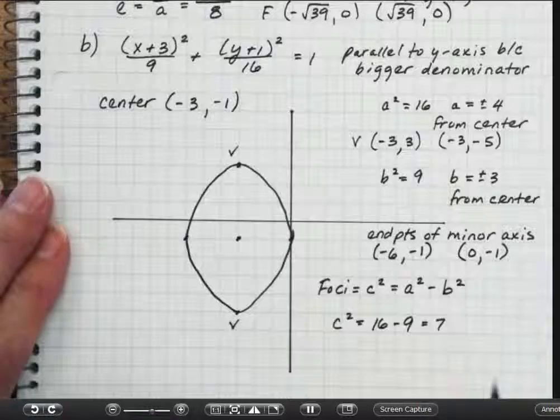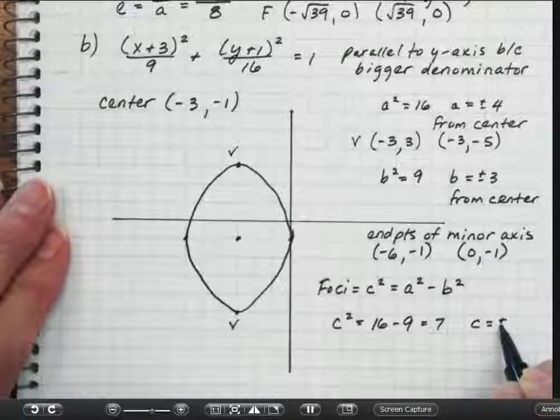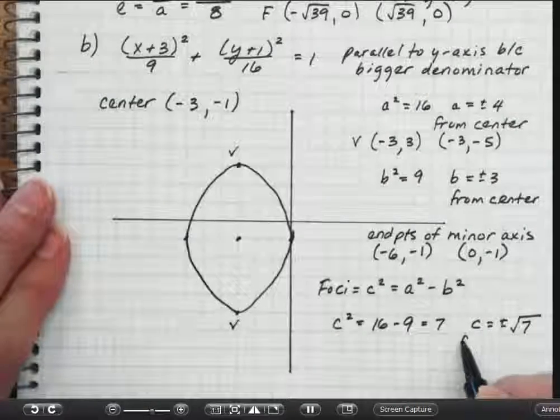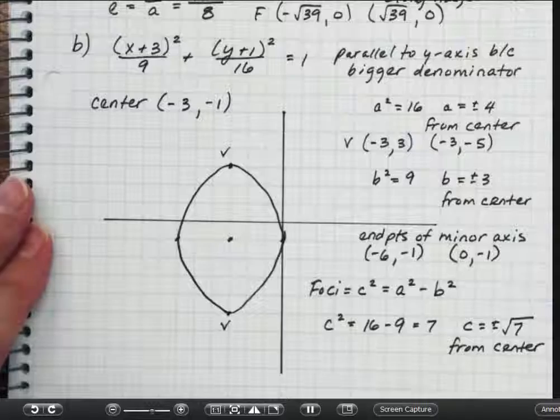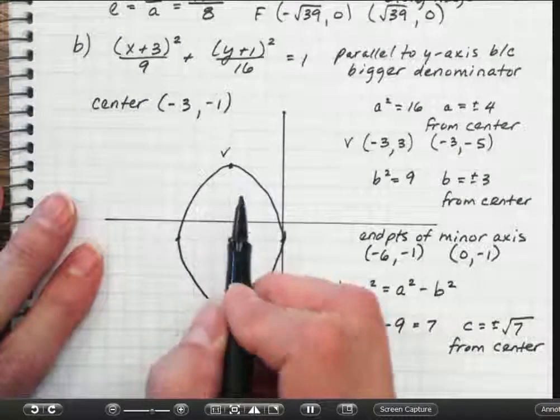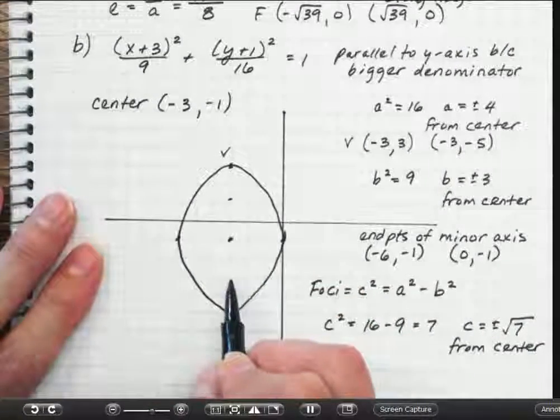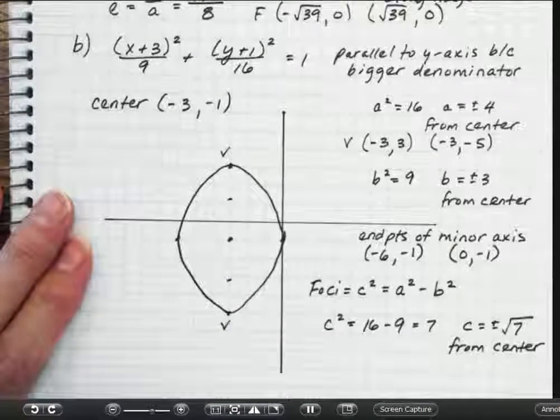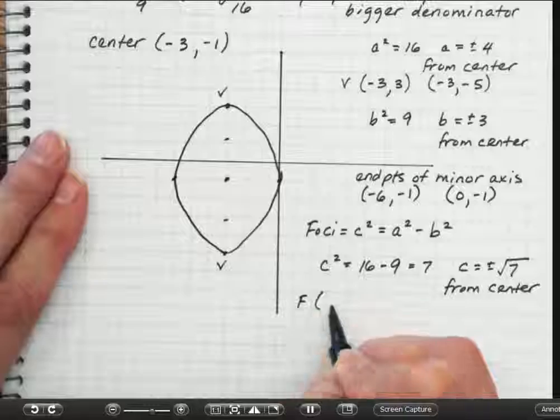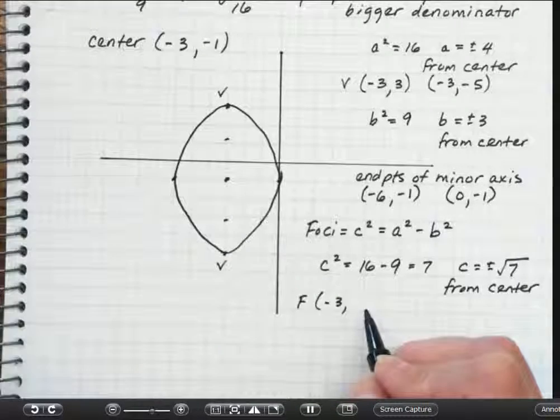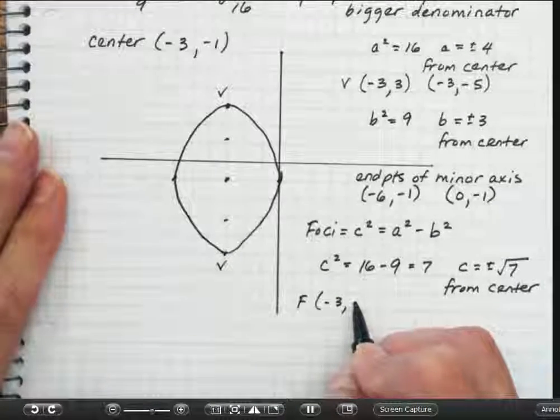Therefore, c is going to be plus or minus the square root of 7 from your center along the major axis. So we're going to be going up a little more than 2 and a little bit more than 2 down. There's my foci. If I want the coordinates of the foci, they're going to be negative 3 and then negative 1 plus the square root of 7.